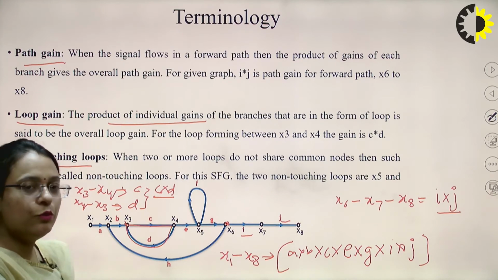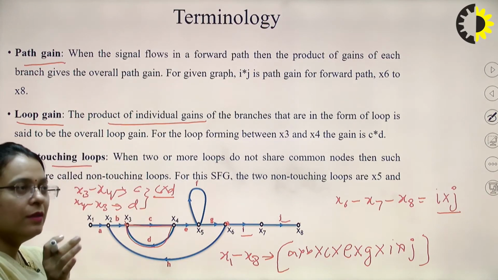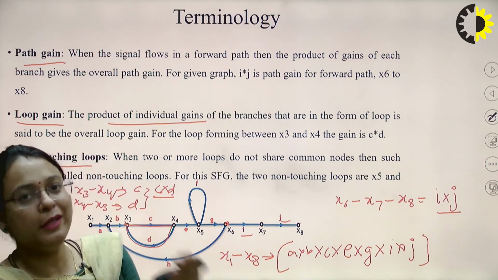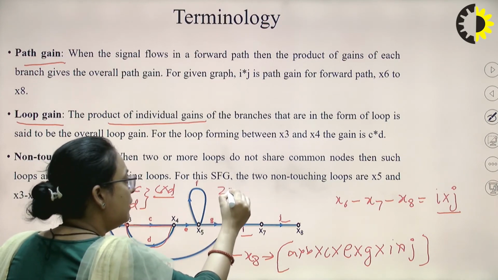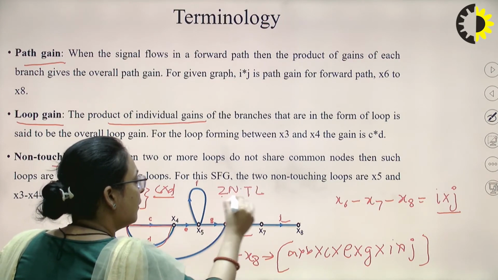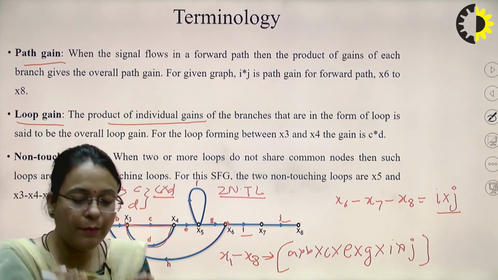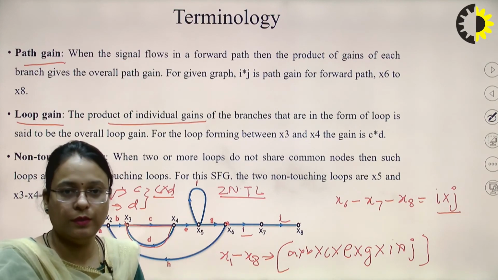Okay. Now, what are non-touching loops, right? When two or more loops do not share a common node, that means there could be two non-touching loops, there could be three non-touching loops. Let's talk about the two non-touching loops, right? In case of two non-touching loops, there must not be any common node in between the two loops, right?